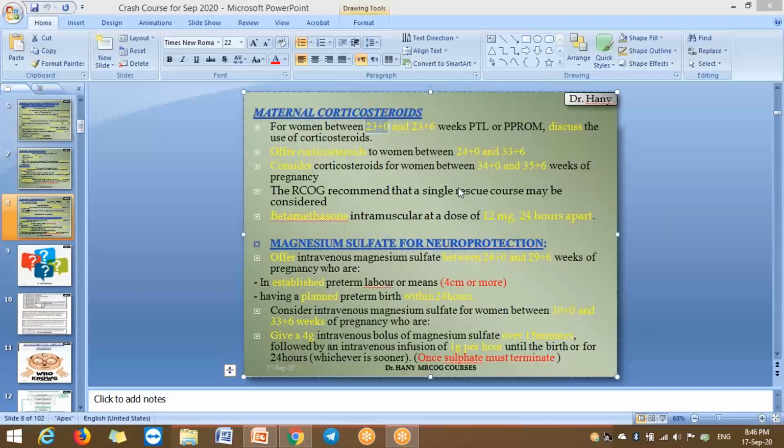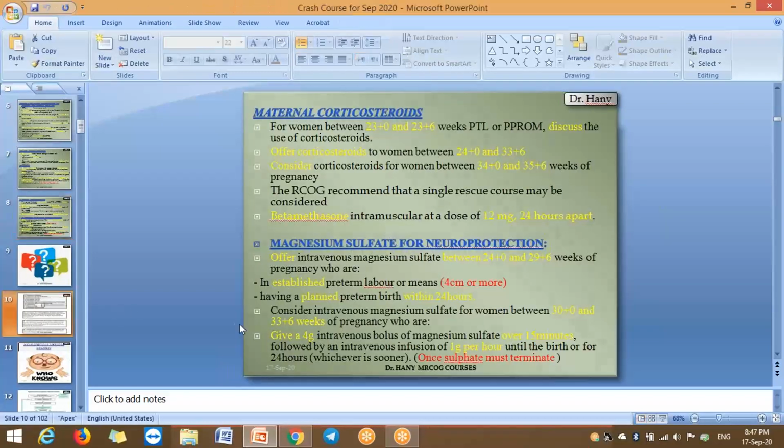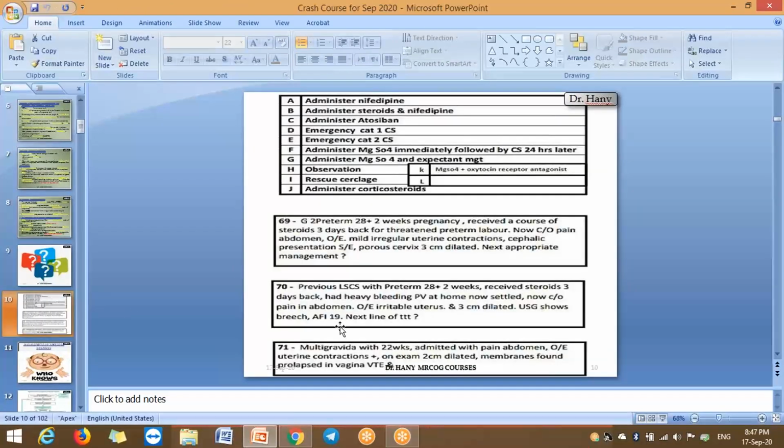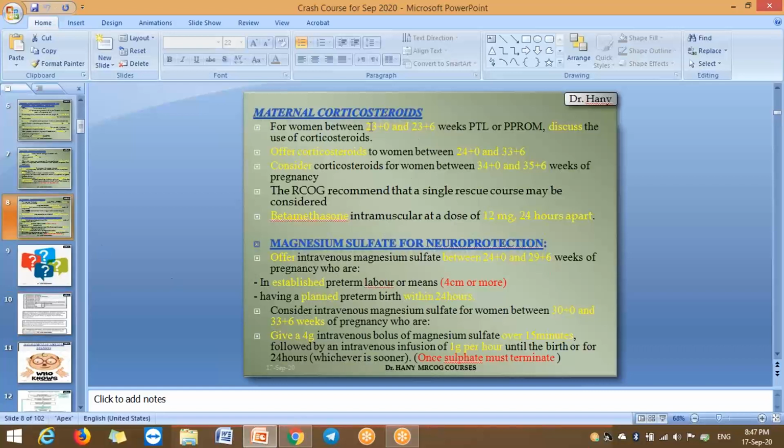That's why I am telling you he is giving the gestational age as a clue. Why did he mention 22 in this question? To be away from the challenging gestational age. So, expectant management. This is how to answer in the exam.